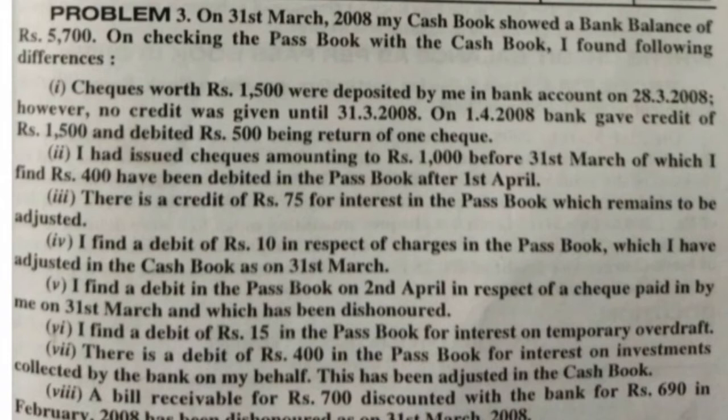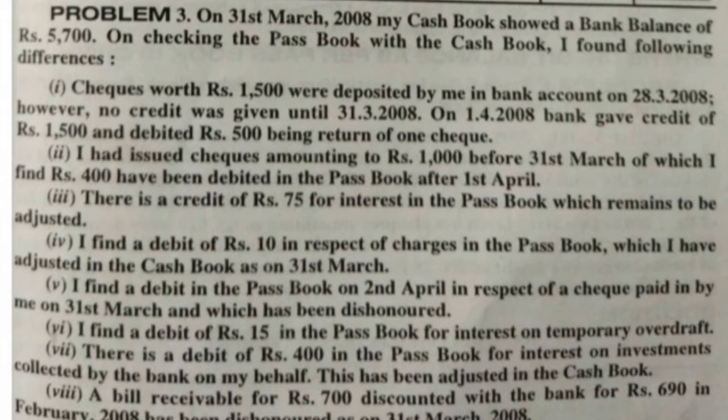Okay. Cool. I'll continue. There is a credit of rupees 75 for interest in the passbook which remains to be adjusted. Which remains to be adjusted means the passbook balance is getting increased by rupees 75.